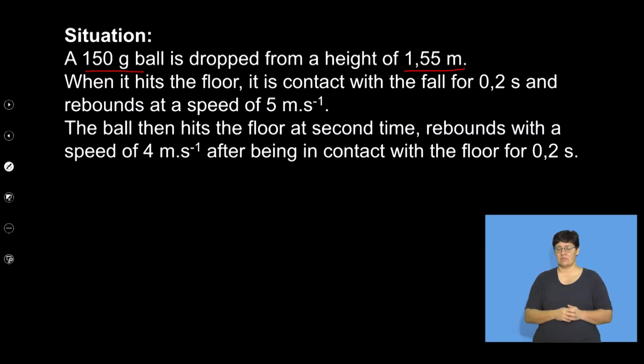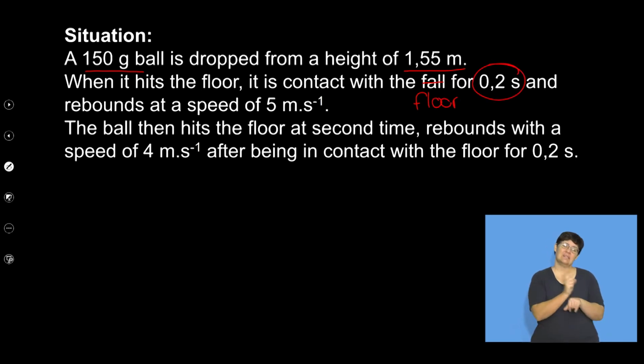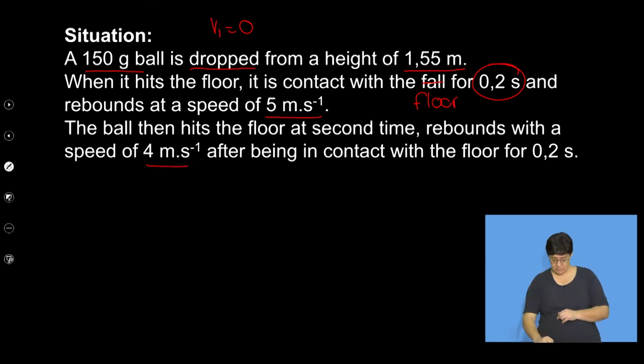It hits the floor and is in contact with the floor, that should say floor, not fall, for 0.2 seconds and rebounds, so it hits the floor, then bounces back up at 5 meters per second. Now it's dropped, so my very first velocity is 0. The ball then hits the floor a second time and now rebounds at 4 meters per second after being in contact for 0.2 seconds again, okay?